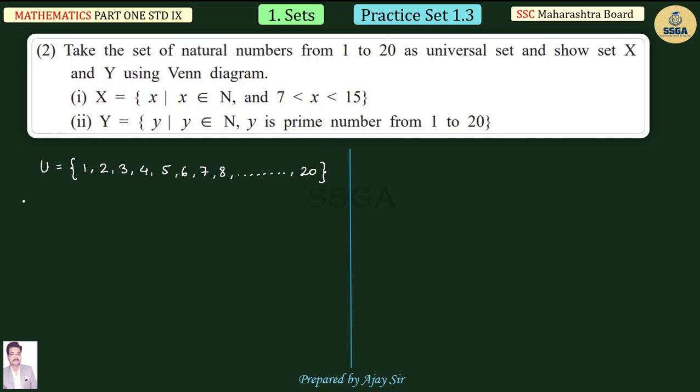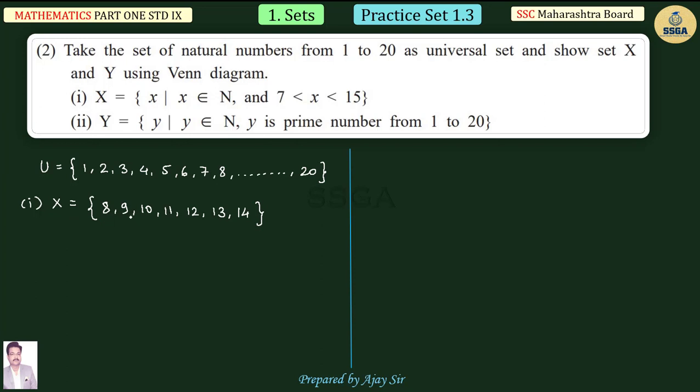Now first part, X is a set of all x such that x belongs to natural numbers and is greater than 7, meaning 8, 9, 10, 11, 12, 13, and less than 15 means up to 14. These are the elements in set X.